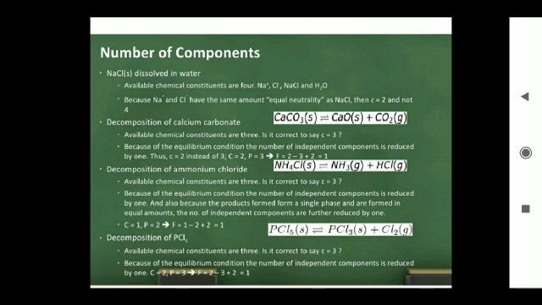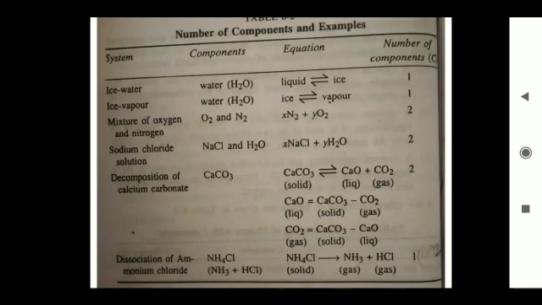Decomposition of phosphorus pentachloride. PCl5 is solid in state, PCl3 is solid and chlorine is gas. Because of equilibrium conditions, the number of independent components is reduced by 1. So the number of components is 2. By observing other examples, in the ice and water system, the component is water, there is an equilibrium state, liquid and ice are in equilibrium, the number of components is 1.